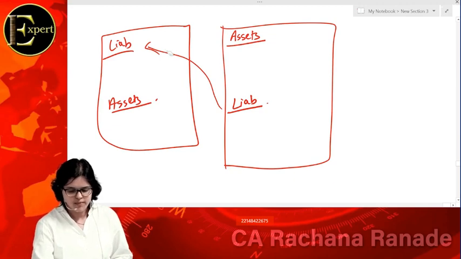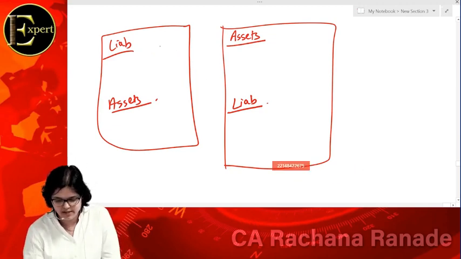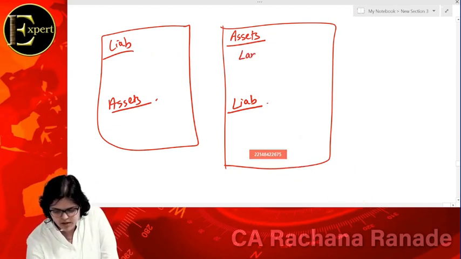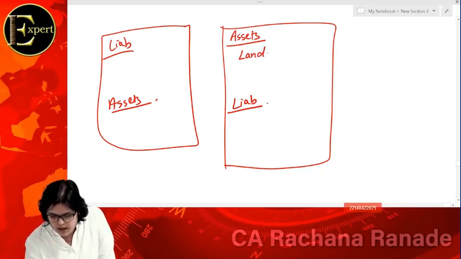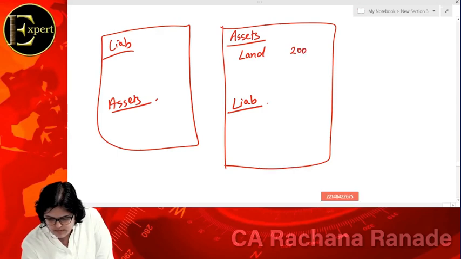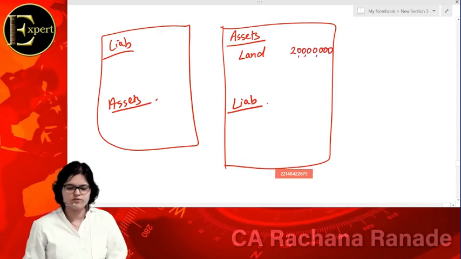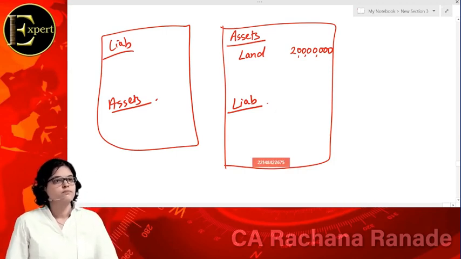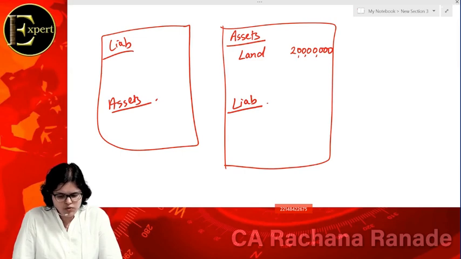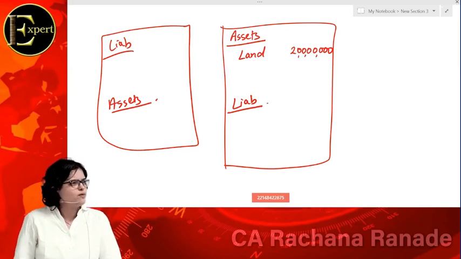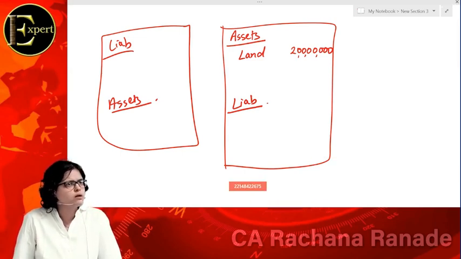Okay. So if I'm talking about this scenario, assets and liabilities, let us say I had bought a piece of land 10 years ago at 2 crore rupees. How many years ago? 10 years ago. Now, do you think today the value of land will be 2 crores or will it be more than that?